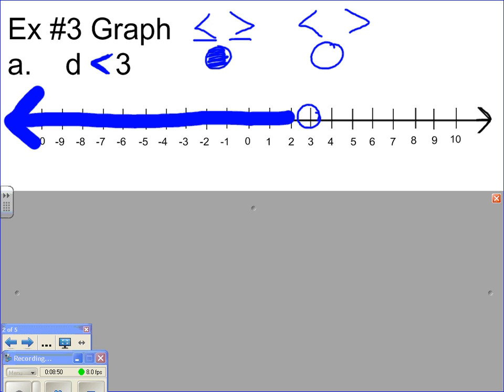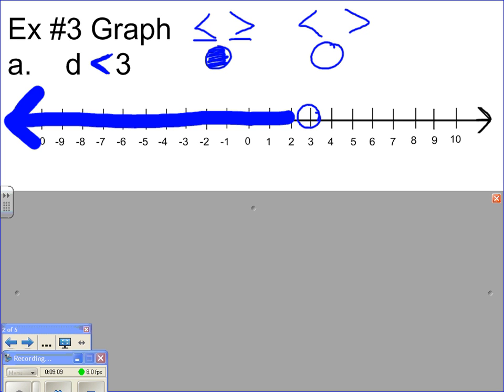Can everyone see where I shaded this time? It's very clear where I shaded. So when you shade on your paper, make sure I can tell where you're shading. If I have to guess which way you shaded, I might guess wrong, just count it wrong.